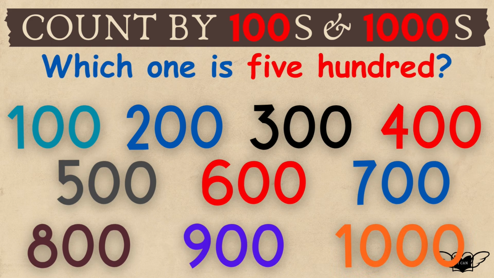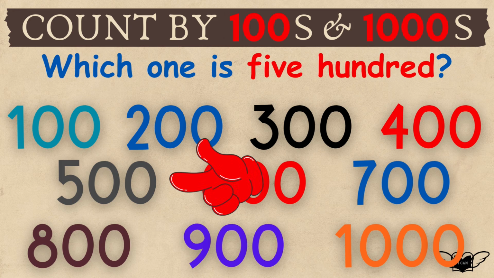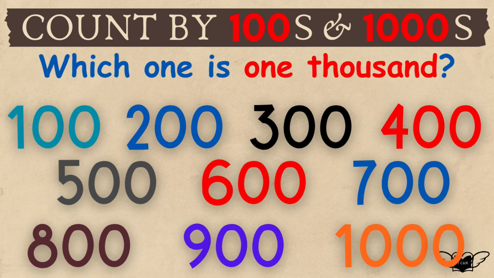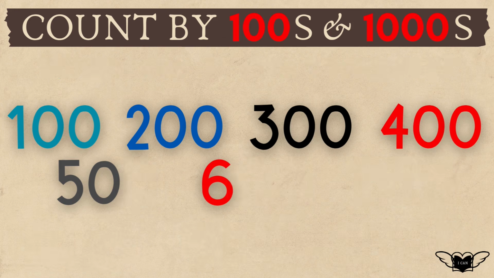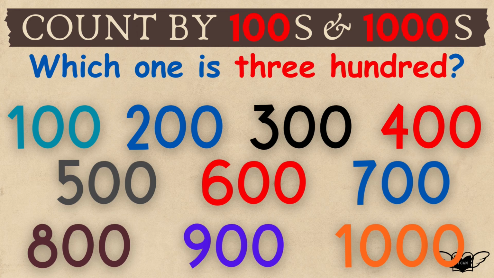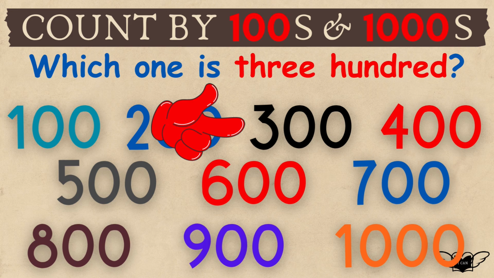Which one is 500? This. Which one is 1000? This. Which one is 300? This.